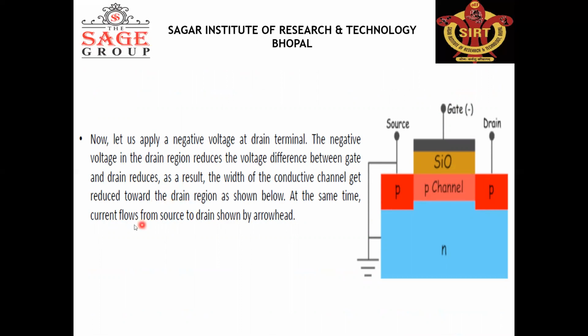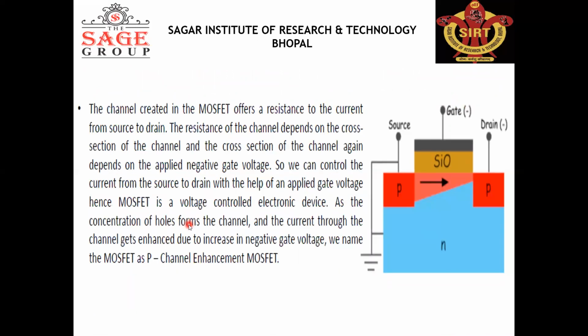The current flows from source to drain. In an enhancement MOSFET, the current flows only after the formation of the N channel between the source and drain, and the N channel is formed by applying the field at the gate terminal.